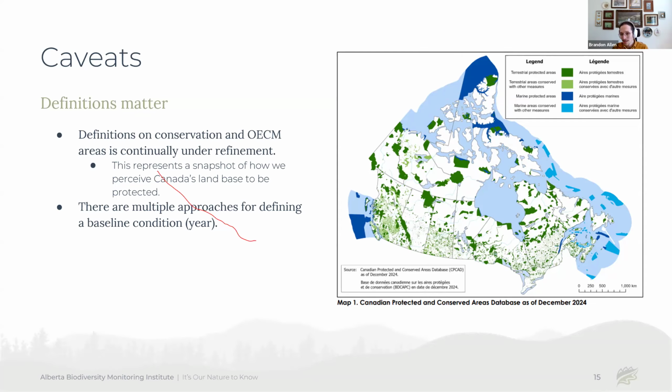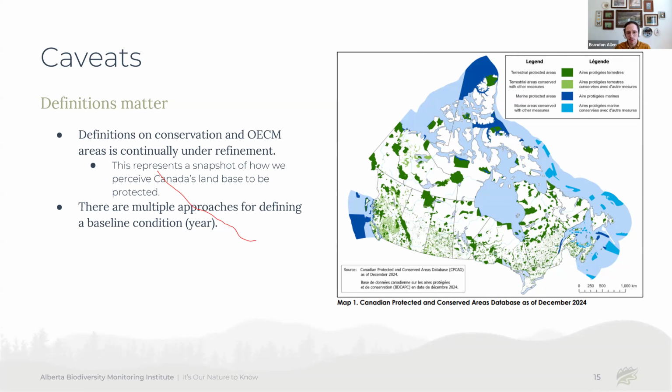There are Indigenous protected areas that are actively contributing to maintaining biodiversity, but these are currently not counted in the CPCAD database as of 2026 right now. So you could rerun this analysis in a few years, looking at the same time points, and get a slightly different result just because our understanding of what counts towards these protected areas is continually evolving.